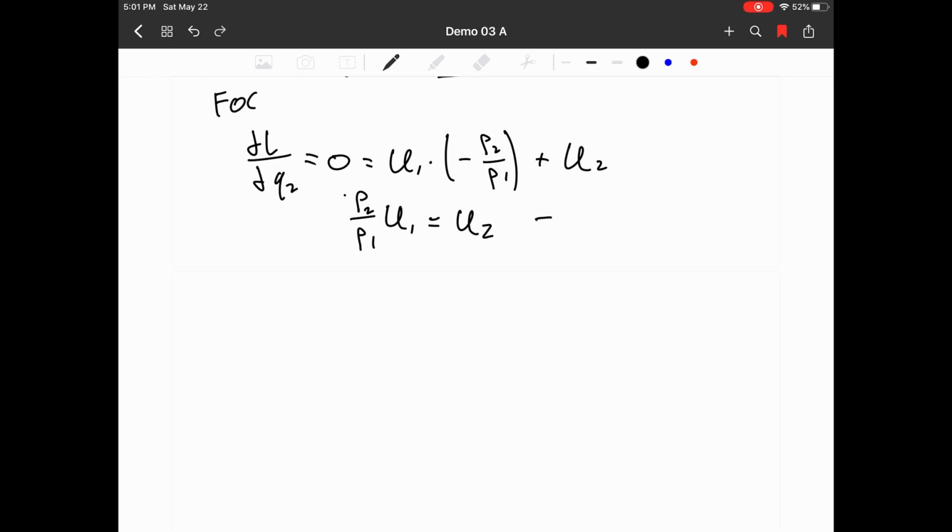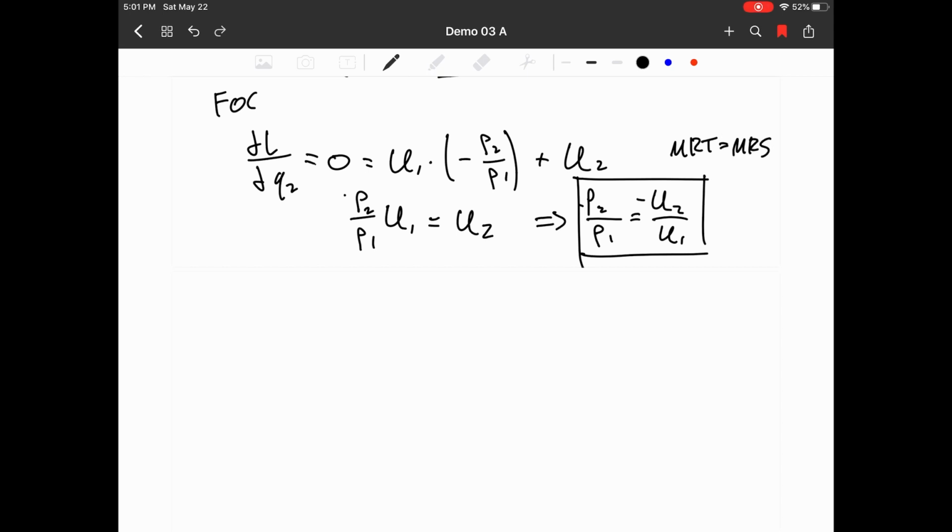And just to rewrite this in its final form, this is p2 over p1 is equal to u2 over u1. We could also write negatives out front if we cared to, which then gives us MRT is equal to MRS.